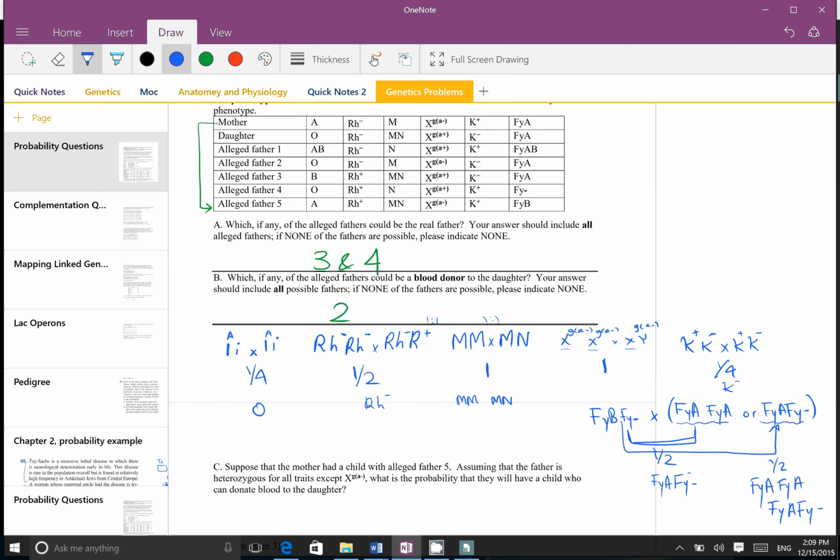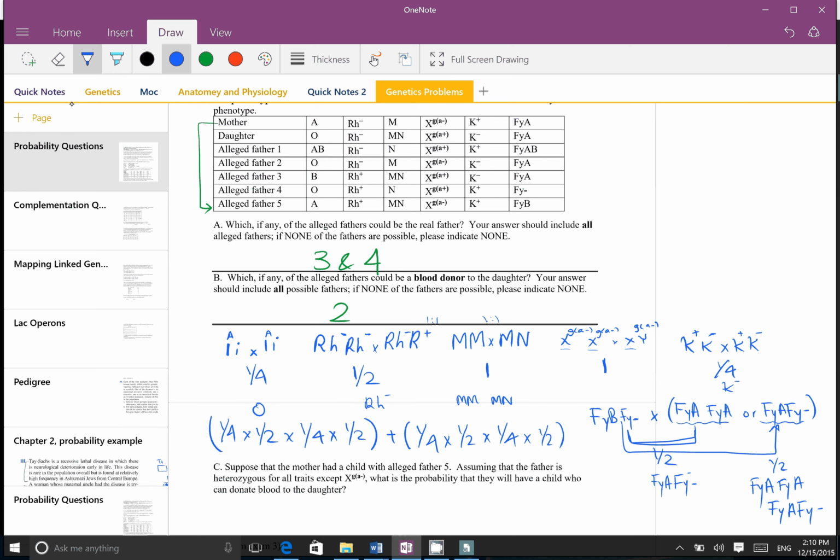So the way to write this is it's 1/4 times 1/2 times 1/4 times 1/2 plus 1/4 times 1/2 times 1/4 times 1/2.